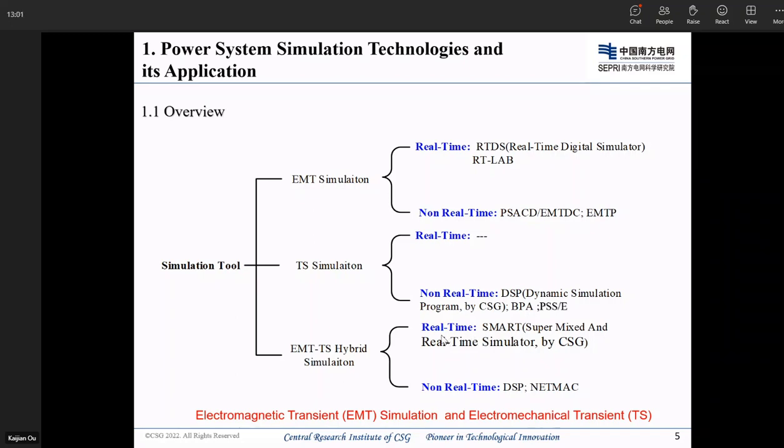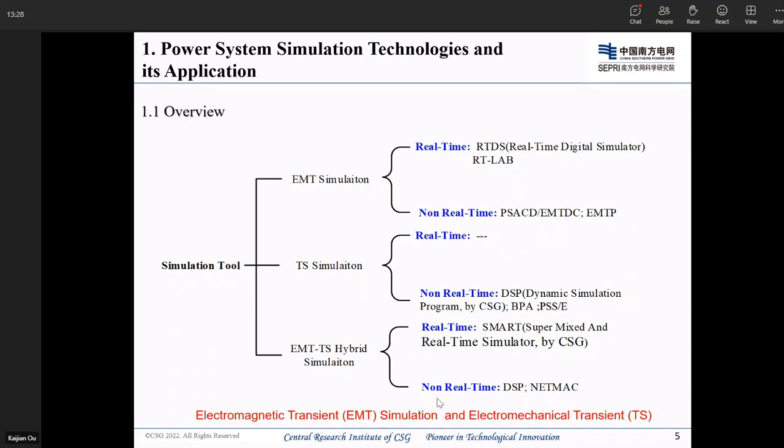For EMT and TS hybrid simulation, there are also real time and non-real time types. For real time, we have SMART. SMART is a super mix real time simulator developed by CSG, also by ourselves. This is the SMART simulation tool.